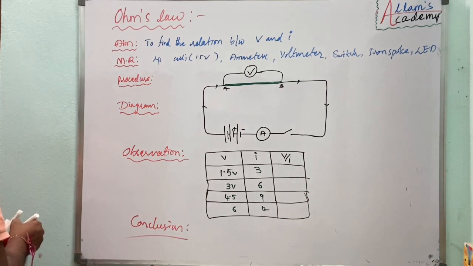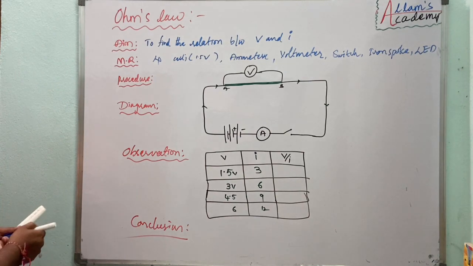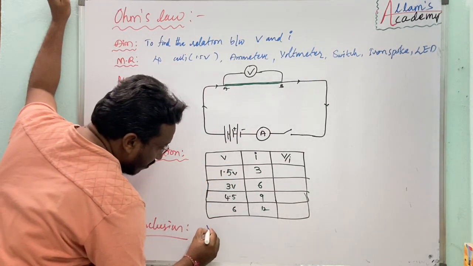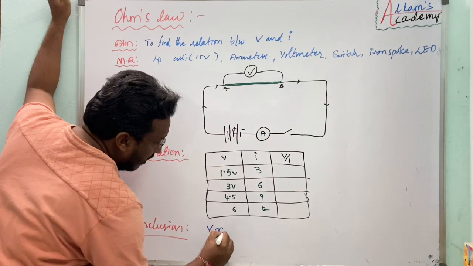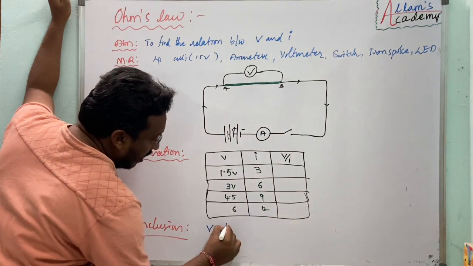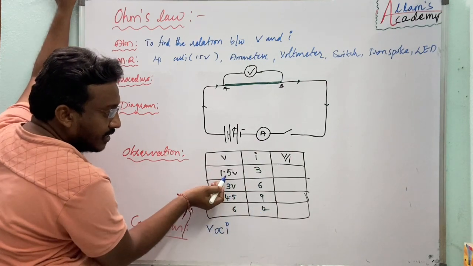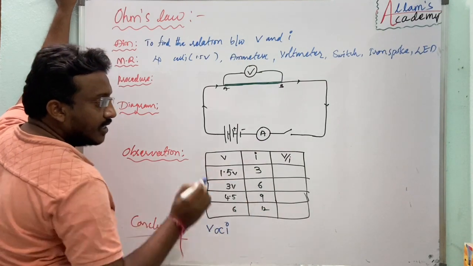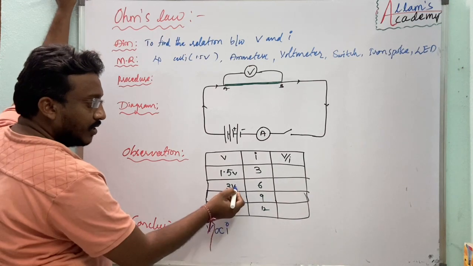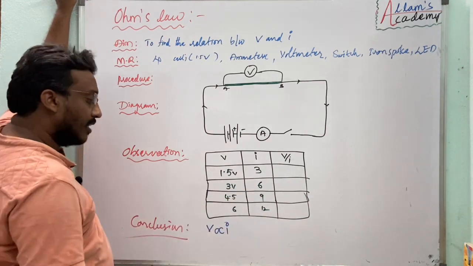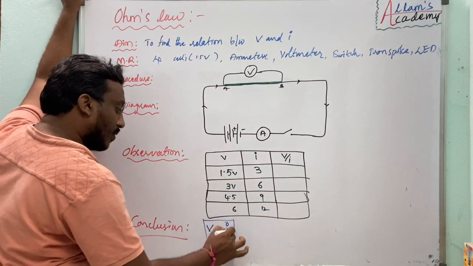What is that conclusion? V is always directly proportional to I. See, the potential difference is increasing, the current is increasing. This is the relation we have noticed.